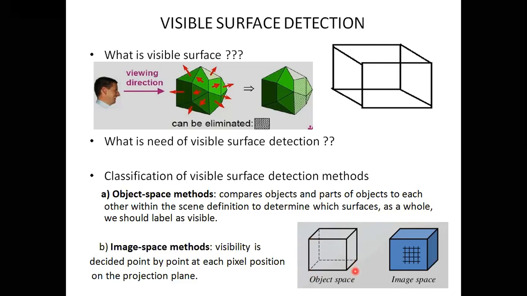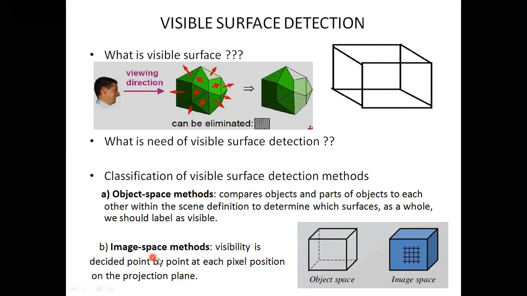That means those are visible to me. And the dotted edges are considered as the back edges. That is one way of classifying, taking the parts of the object and classifying that part as a back face or front face. So coming to the second method.